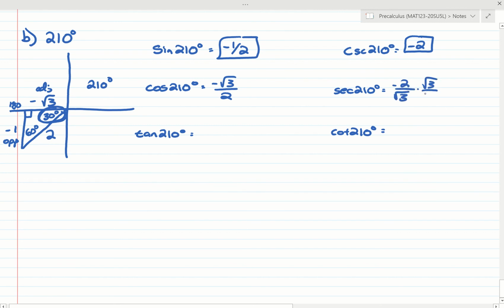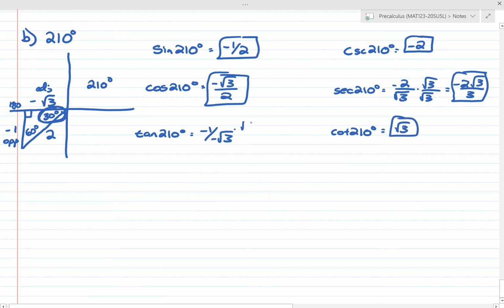Let's rationalize this. And we get negative 2 root 3 over 3. And tangent would be the opposite over the adjacent. Reciprocal would be root 3 over 1. So let's multiply by root 3 over itself. And we just get root 3 over 3.